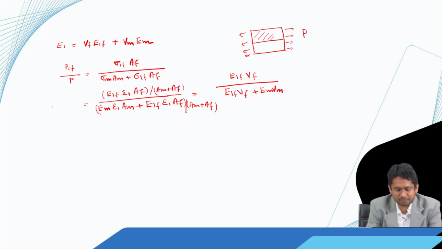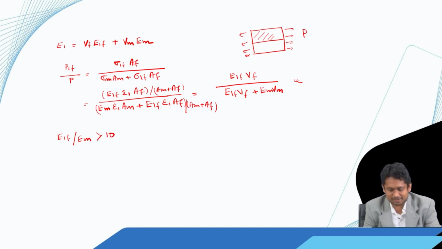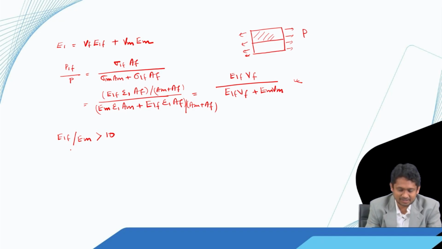So, the ratio between P 1 f and P is just this. Again, we can write V m in terms of V f and write this expression entirely in terms of the fiber volume fraction. In general, E 1 f is more than 10 times E m in most fiber and matrix combinations.